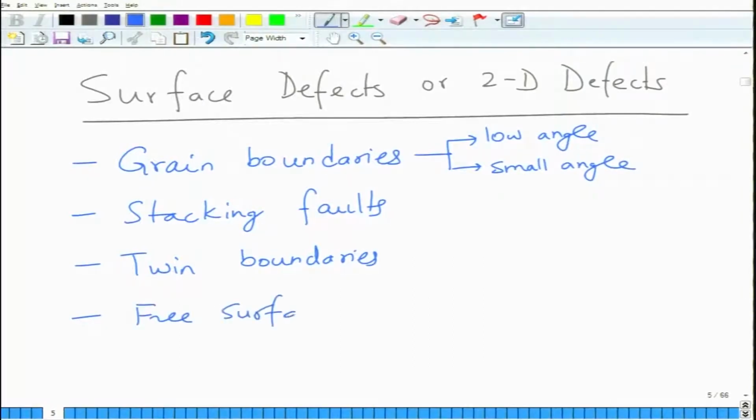Okay. And there are many more other examples, basically any kind of interfaces.